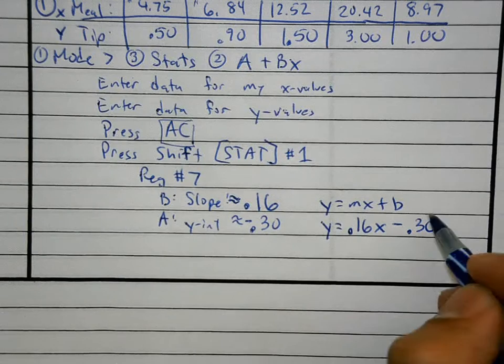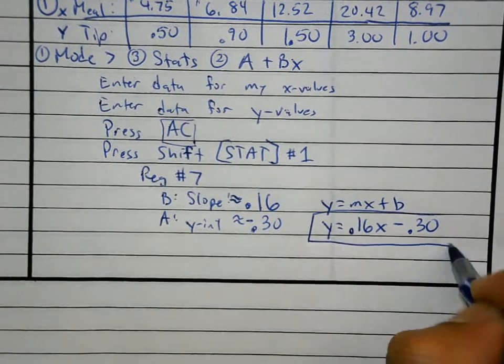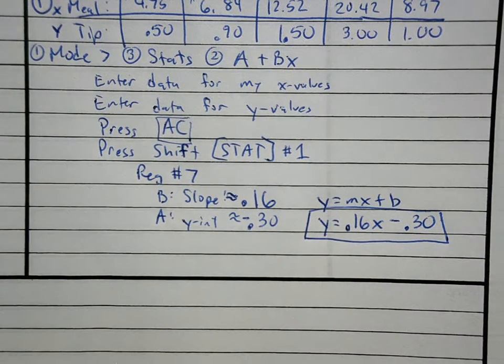This is called the linear regression. It is the most mathematically accurate way to find the line of best fit. You can use it to make a prediction.